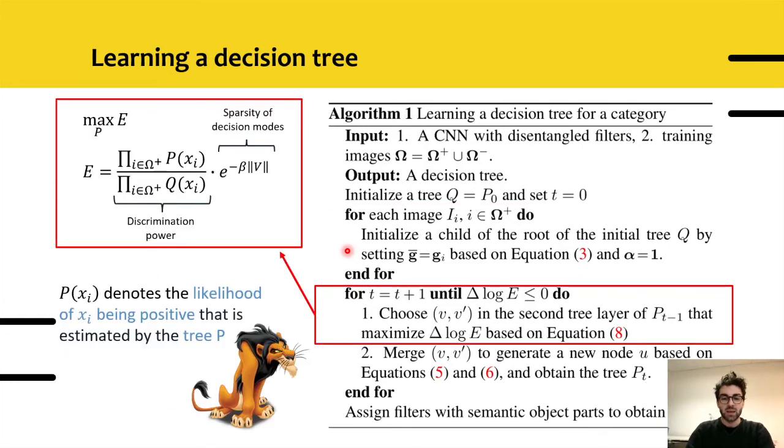Now this starts the learning phase. Here it starts. So we go on until we have delta log E less than or equal to 0. But what is E?